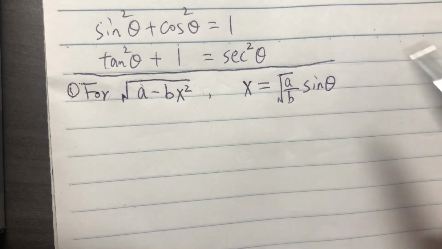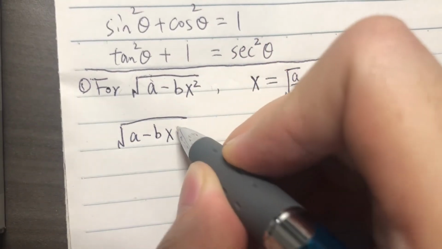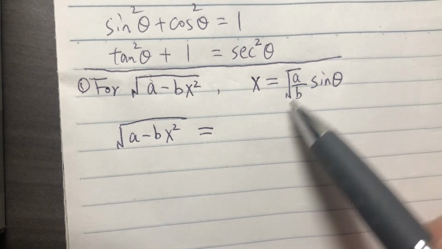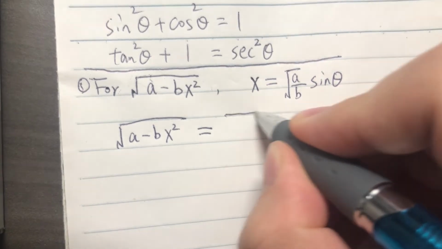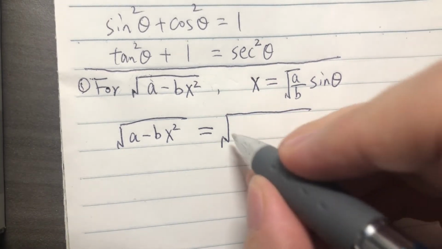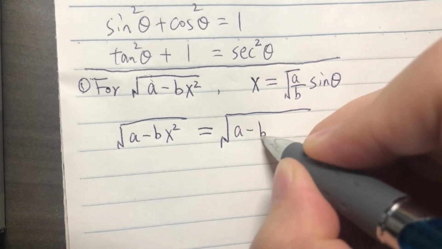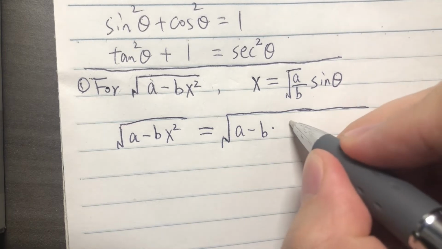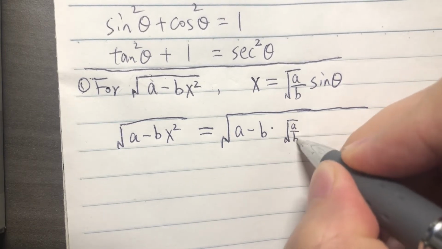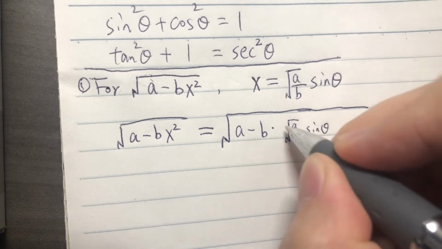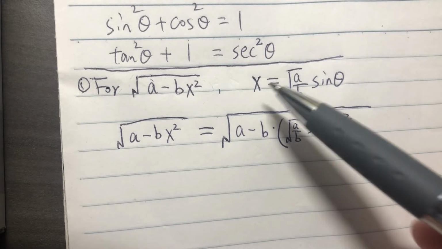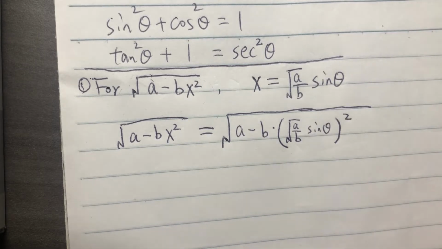Because if we plug x equals this into the formula, it becomes a minus b times this one squared, where this one is square root of a over b sine theta, squared. I just plug this into x.